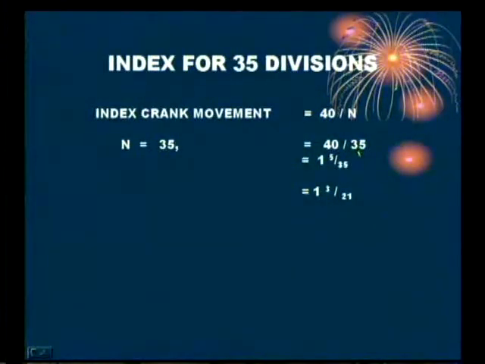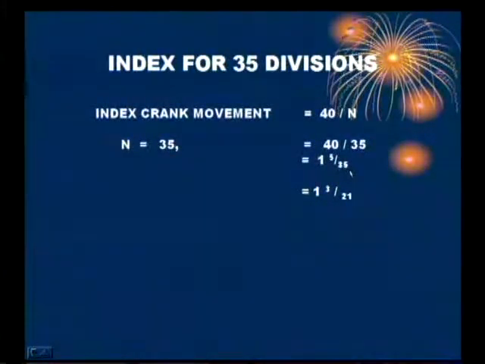So the interpretation of this formula is that we have to obtain a circle with 35 holes, and in this 35 hole circle, the crank each time is to be moved 40 holes. That means one complete turn and another 5 holes in this 35 hole circle. This is the meaning of the index crank movement.